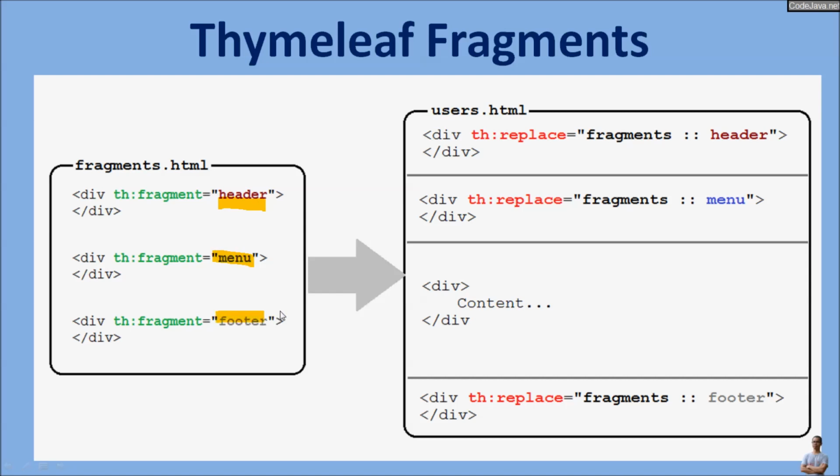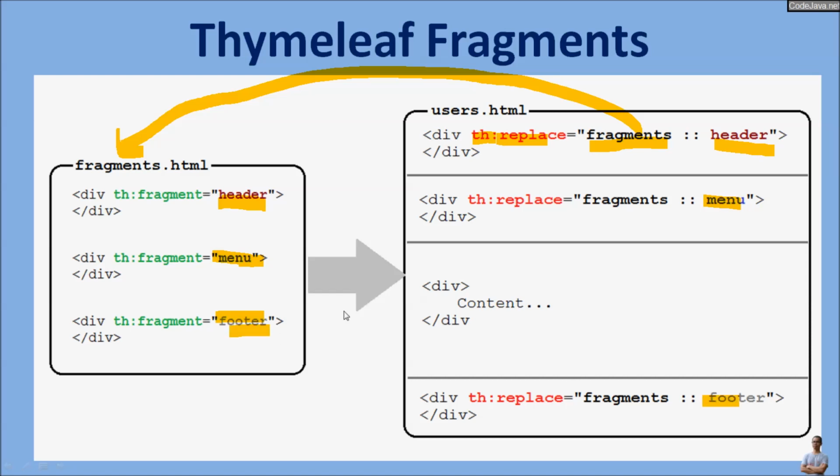And in a specific page in the application, we use a fragment like this: th:replace, and then the name of the fragment file, fragments.html here, and then the name of a fragment section in the file: header, menu, footer. So you see, it's very easy to use fragments in Thymeleaf.